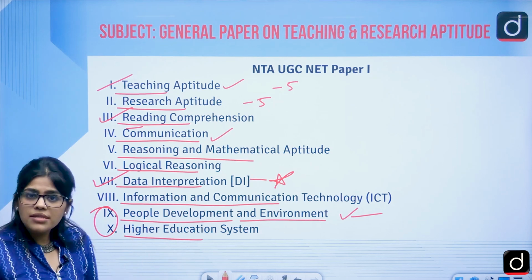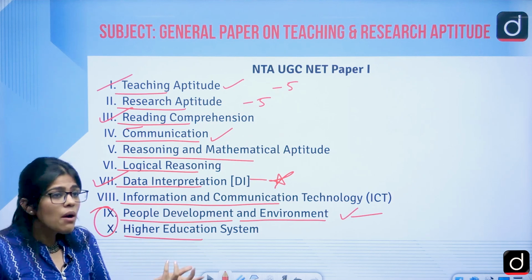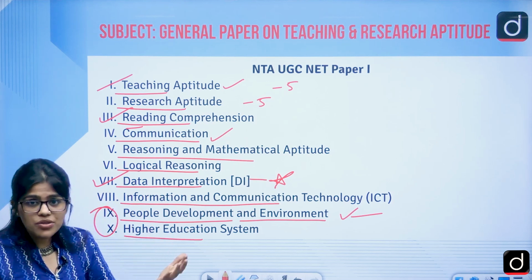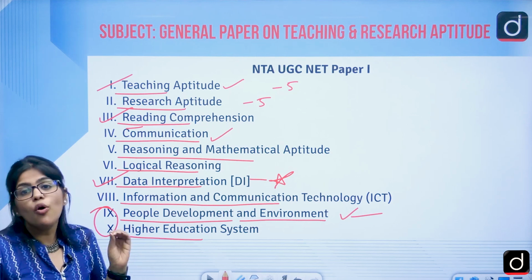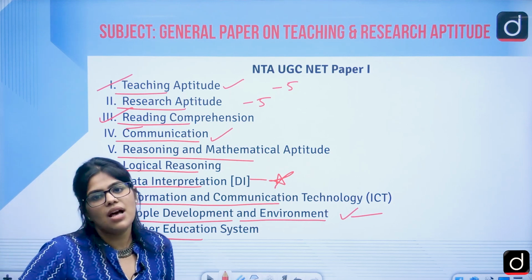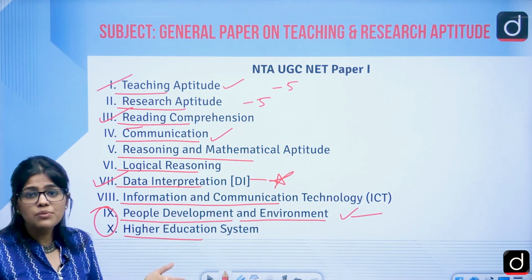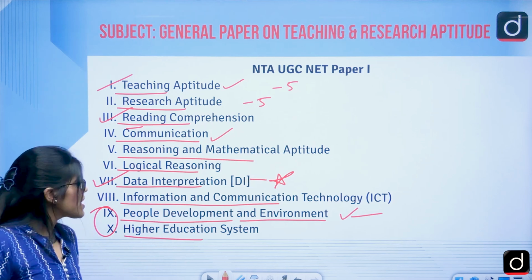So in my class, I'll give you proper structured slides. All the things will be very clear to you, and you will be easily focusing on all the important details in the class as well. Also, gradually, when you are studying with me, you will realize that you are learning the things in the class only.